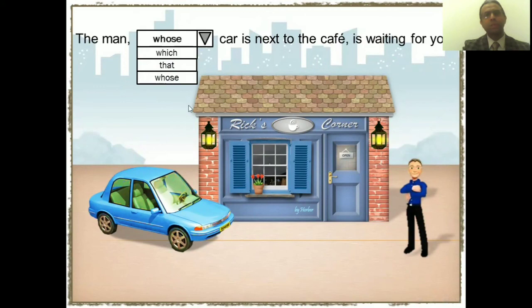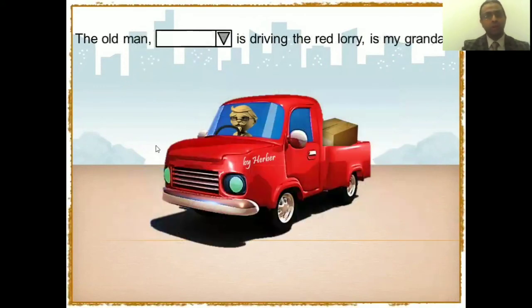I use whose. That's great. Number 3. The old man is driving the red lorry is my granddad. So I'm talking about a person here, so I use who is driving.